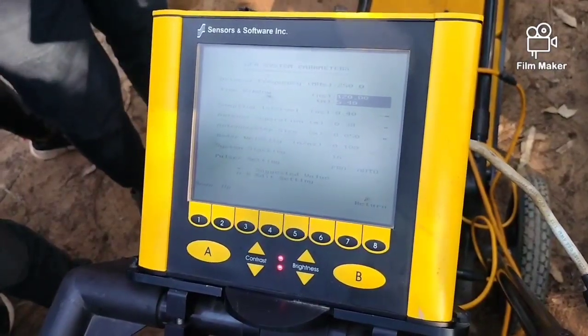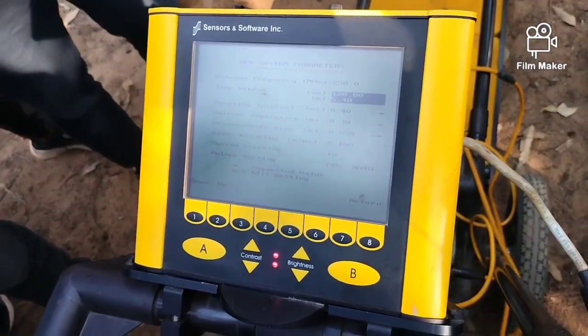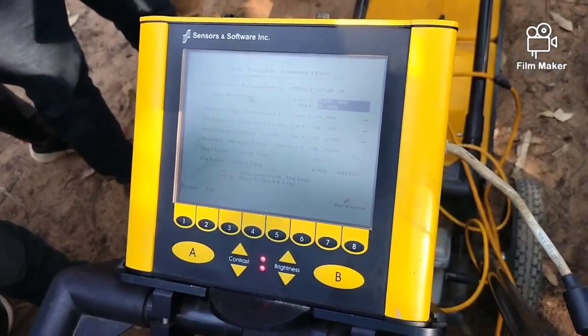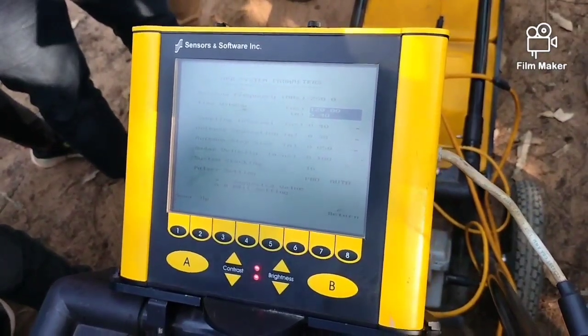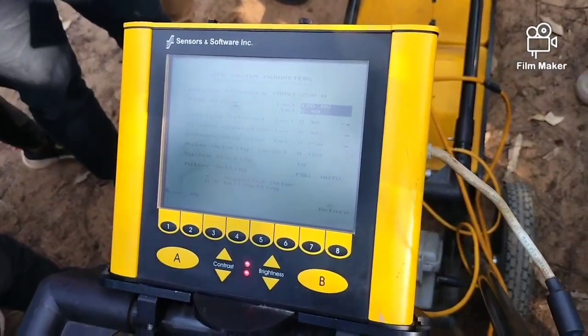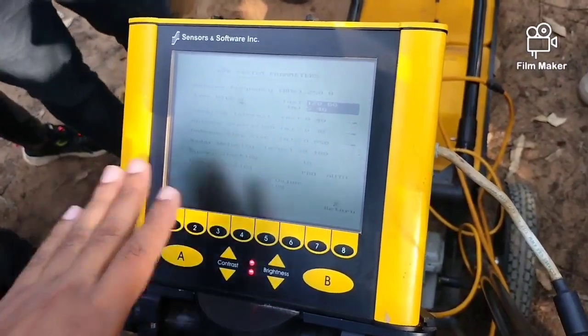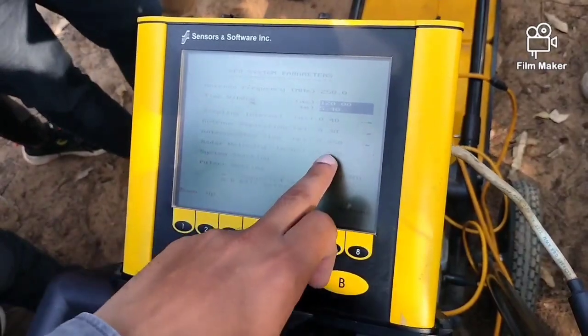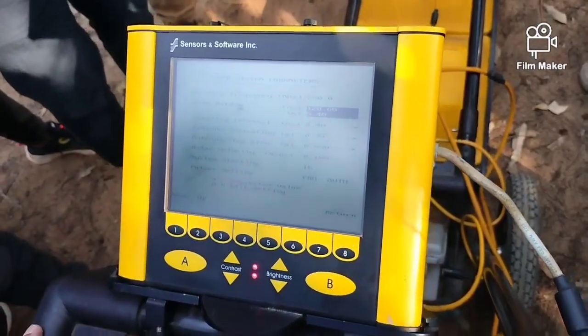Here it could be 0.12 meter per nanosecond, somewhere it could be 0.08. So you have to look at the GPR in software and do the velocity calibration to get the exact velocity. But for the sake of convenience, we have just taken 0.1 meter per nanosecond here.